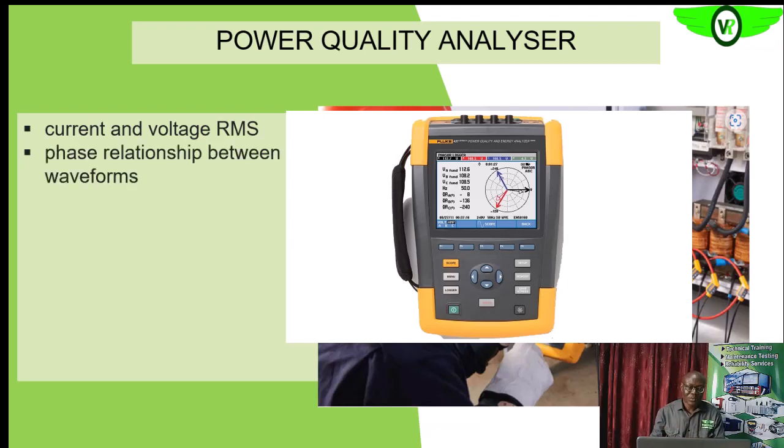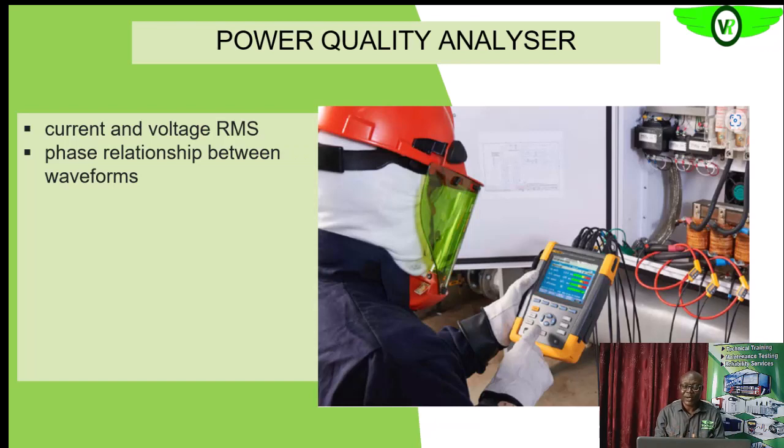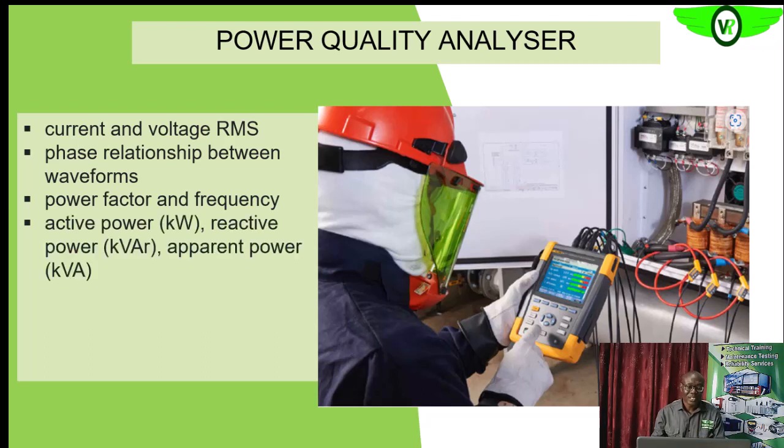It will also help us to look at the phase relationship, which we also saw earlier, whether the phase relationship between the three phases of our power supply is normal. Even the current relationship, we also look at it. Power factor and the frequency of operation, we'll see them. Then the active, reactive, and the apparent power.